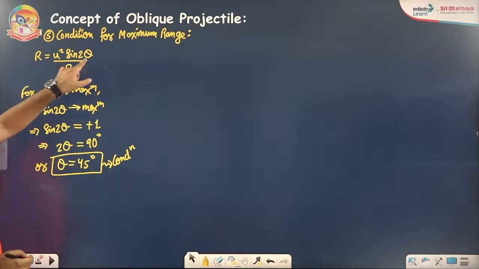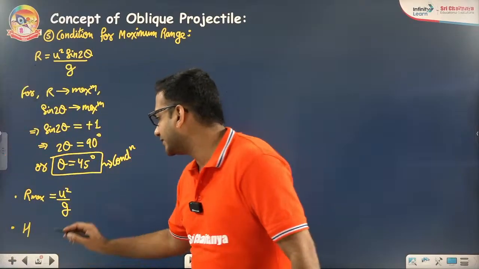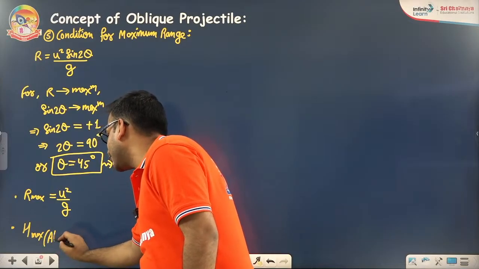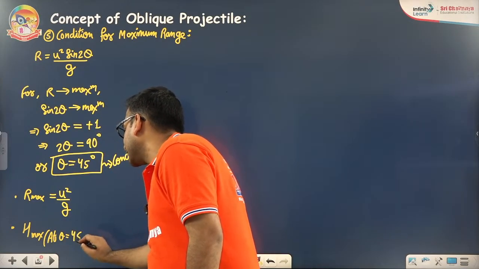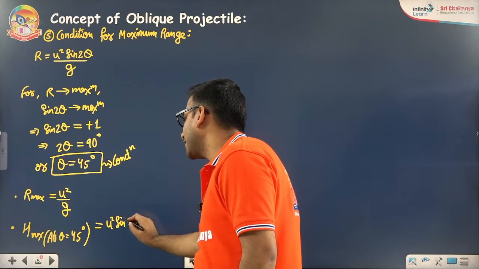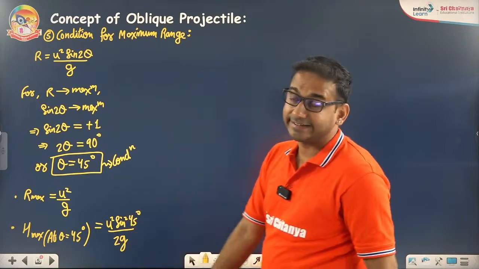So if you keep this sine 2 theta as +1, the maximum range, what you will get from here is R max, that will be equal to U square by G. And the value of H max at theta equal to 45 degrees will be equal to U square sine square 45 degrees by 2G.